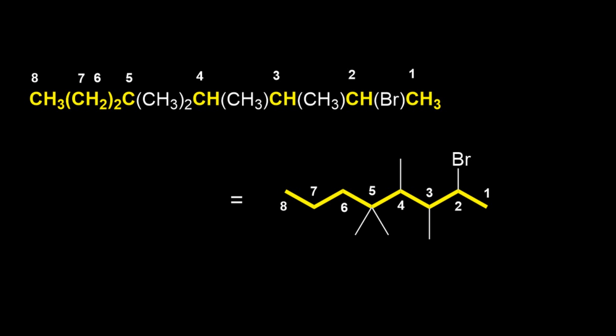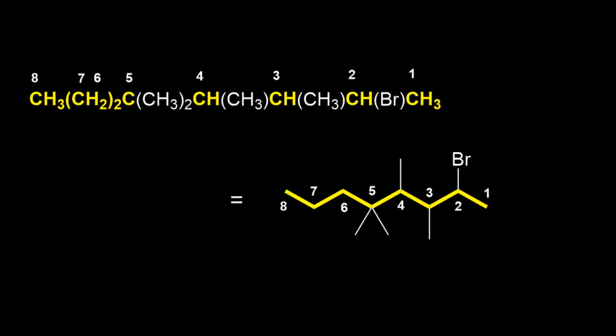For another example, let's start by identifying the main carbon backbone in the given condensed structure. The 2 CH2 groups in the leftmost parentheses are actually part of the continuous chain, while the 4 CH3 groups are methyl substituents. The longest chain here has 8 carbon atoms, and we number them starting from the right end of the chain.